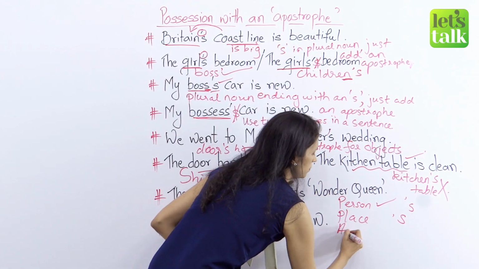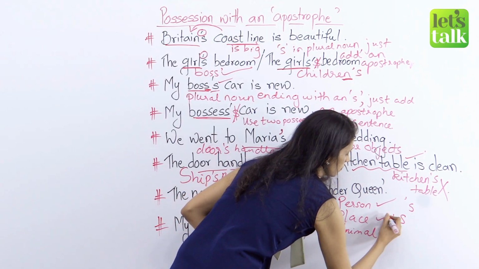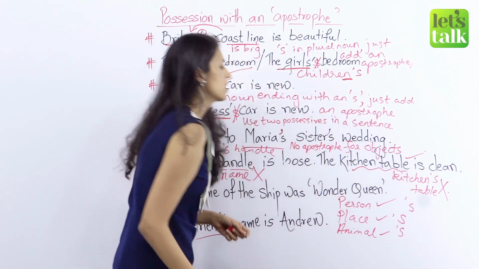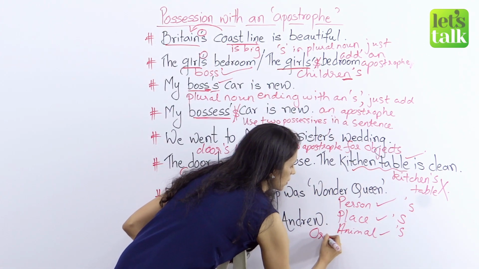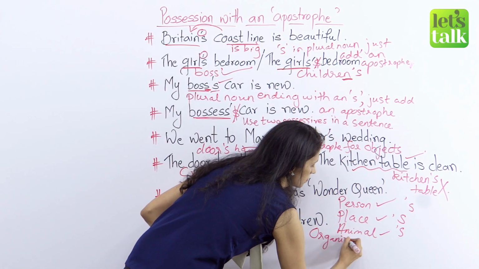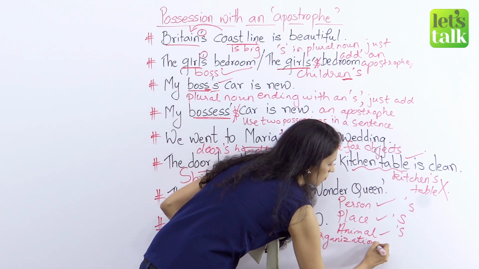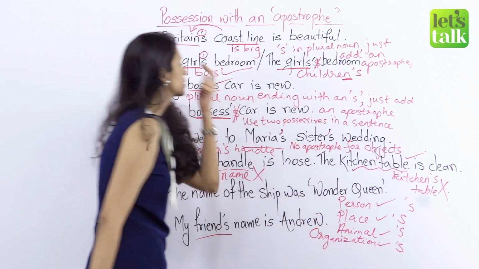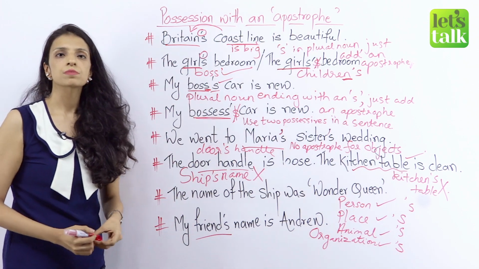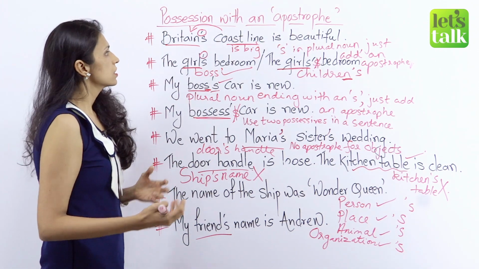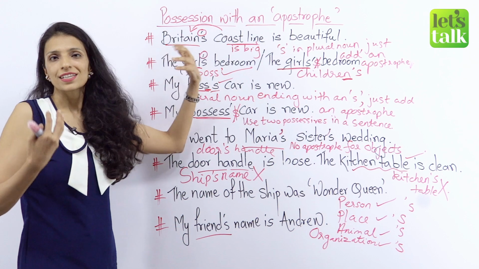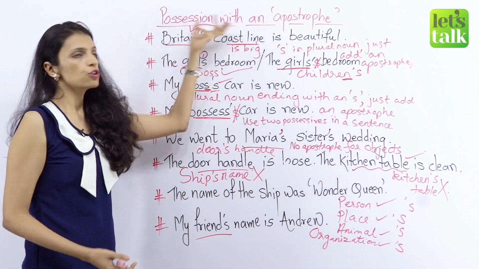For an animal, you will use an apostrophe S. And for an organization or a company, you will use an apostrophe S. Alright friends, so this is how we use apostrophe in written English when you want to talk about or when you want to express something or show possession.